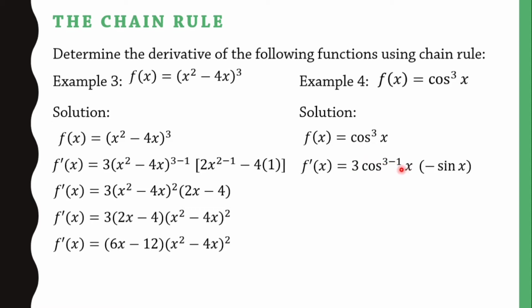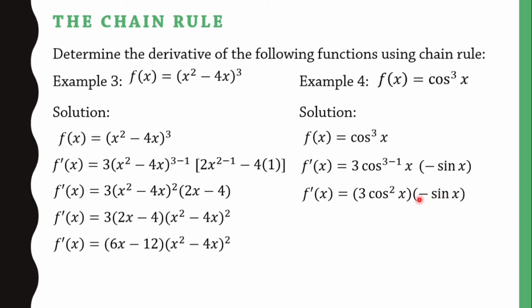Then, we get the derivative of cosine. The derivative of cosine is negative sine x. Take note, that's multiplication and not subtraction. So, that's 3 cosine raised to 3 minus 1 of x times negative sine x. Then, simplify. That's 3 cosine squared x times negative sine x.